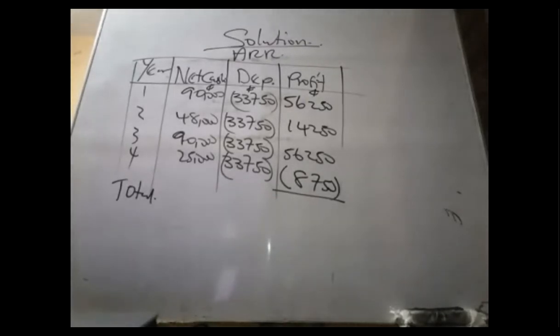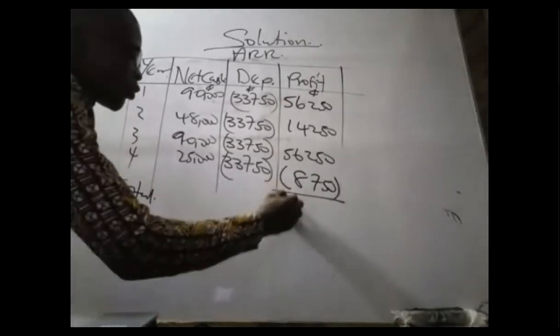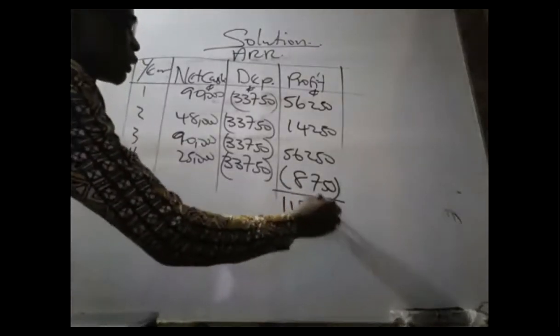So 56,000 plus 56,000 is 112,000. Then subtracting 8,000 gives us 104,000, plus 14,000 is 118,000, right? 118,000. Perfect.